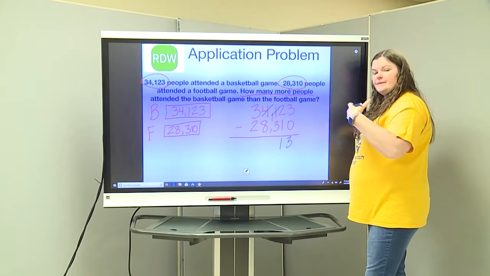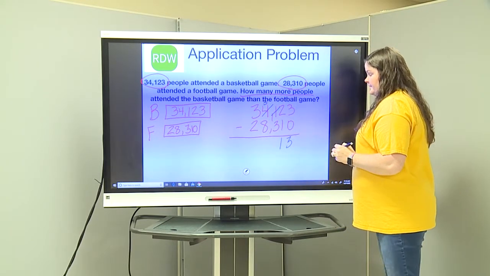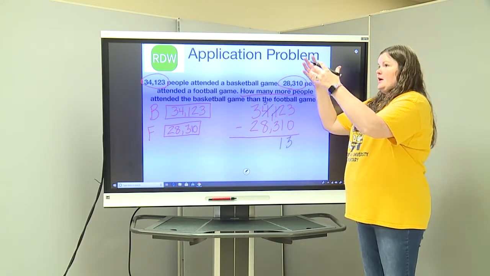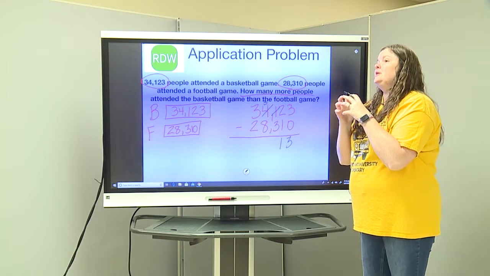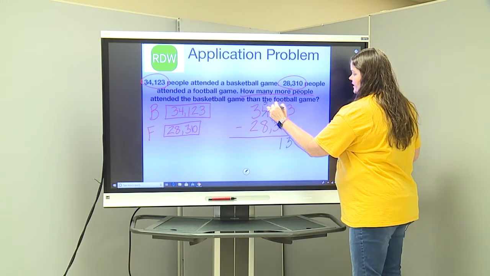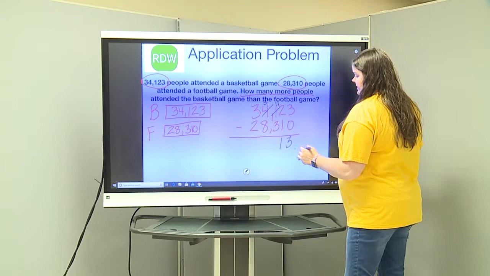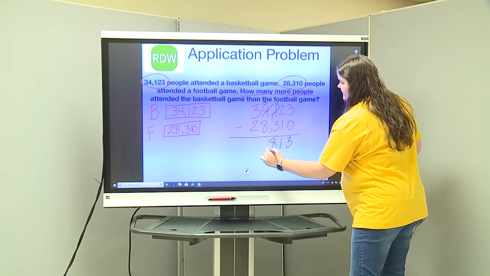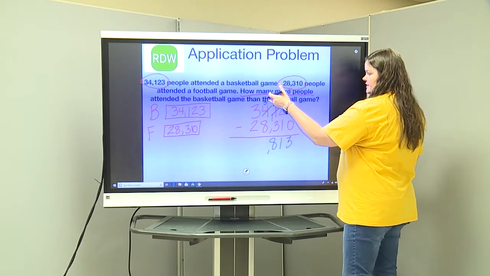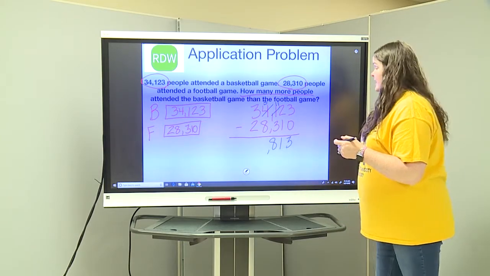So when I take something from that 4, it's going to become a 3. And then I'm going to give that particular part back to this 1. So that 1 now becomes 11. All right, 11 minus 3 is going to leave us 8. Now in the thousands place, if I have 3, can I take away 8? I sure cannot.